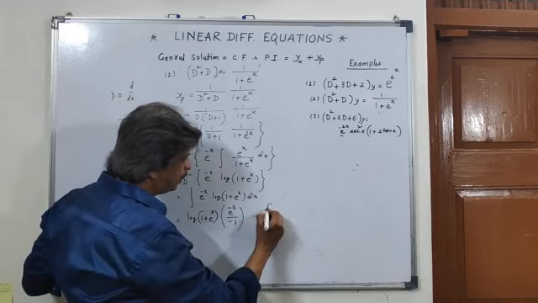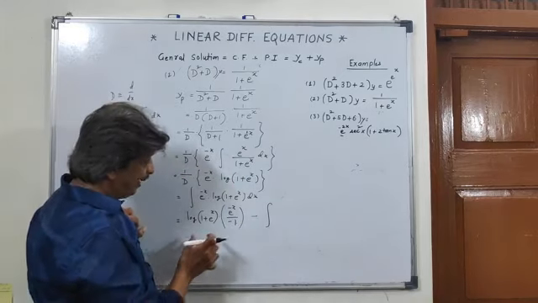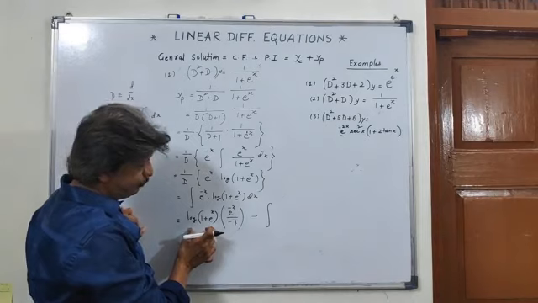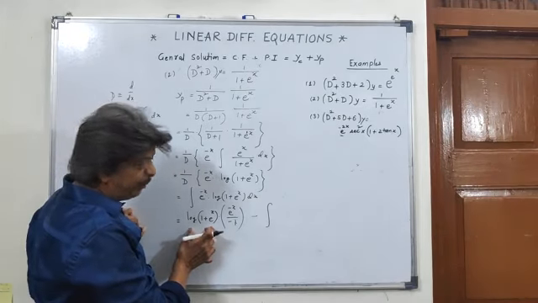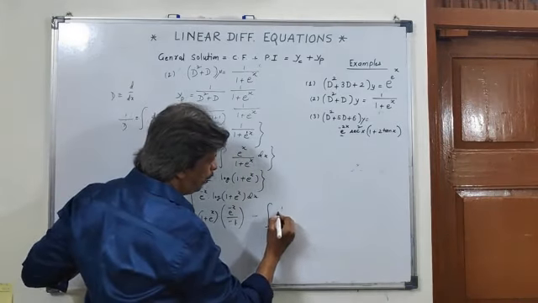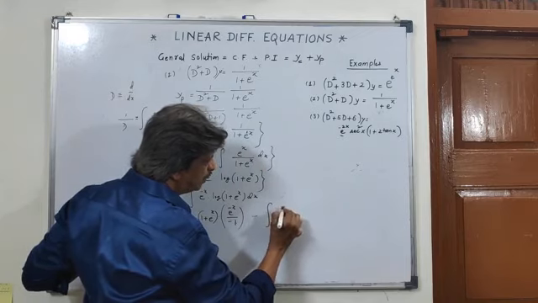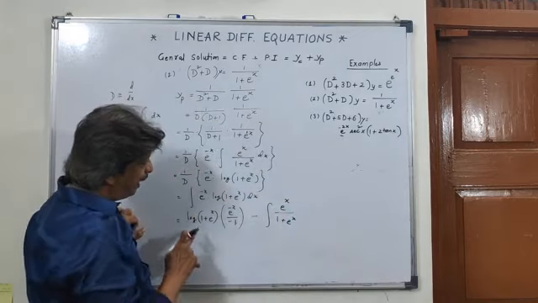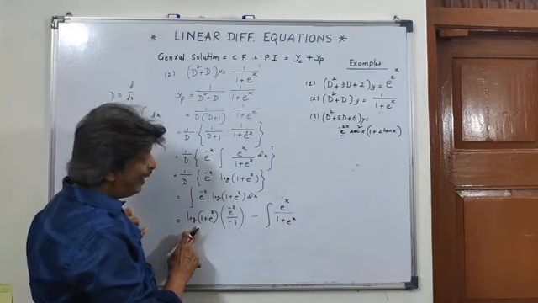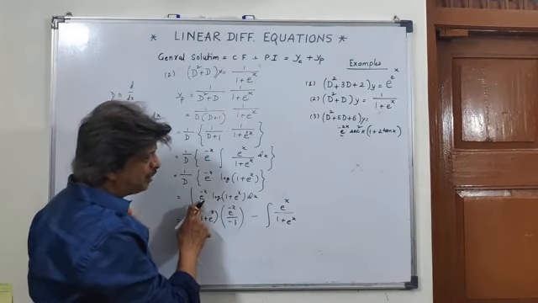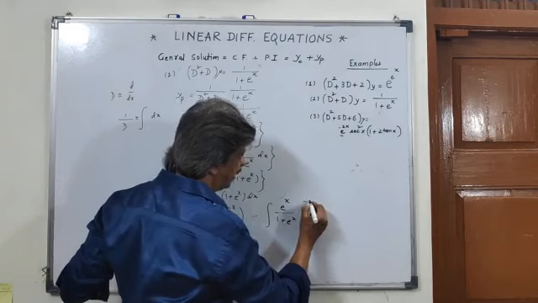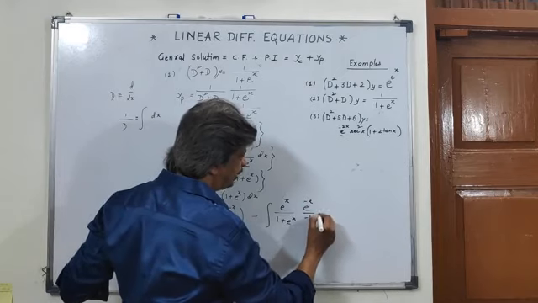minus integral of the derivative of first. Derivative of log of 1 plus e power x is 1 upon 1 plus e power x into e power x, minus integral of the derivative of first into integral of second, e to the power minus x, again integrates as e to the power minus x upon minus 1 dx.